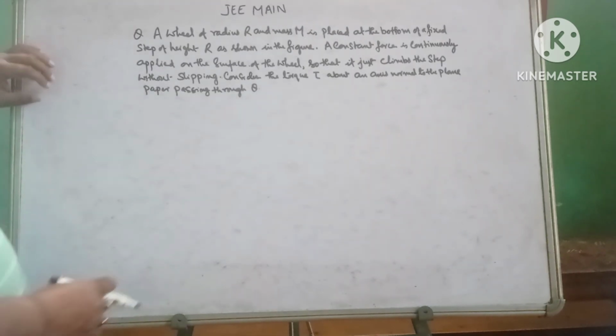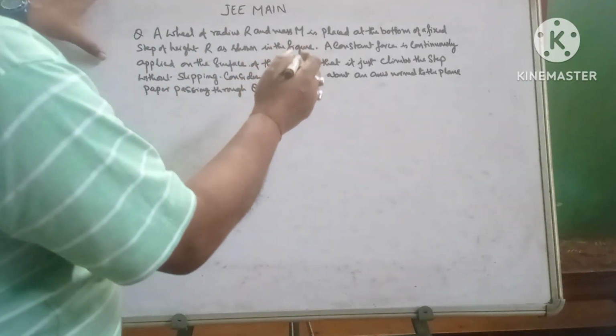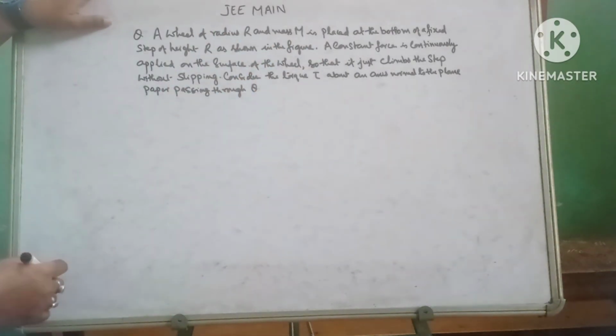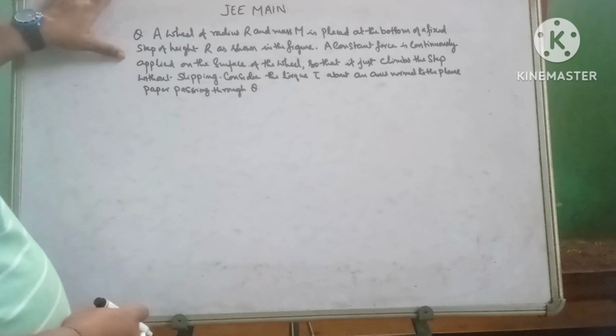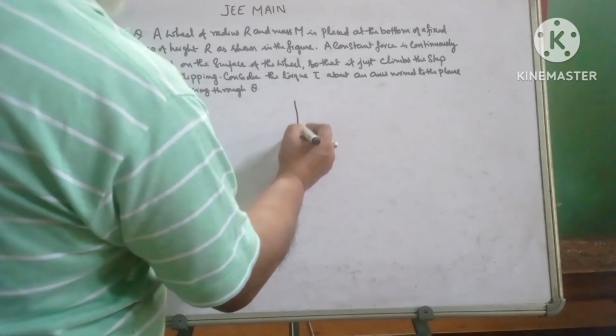Here the question is: a wheel of radius r and mass m is placed at the bottom of a fixed step of height r.